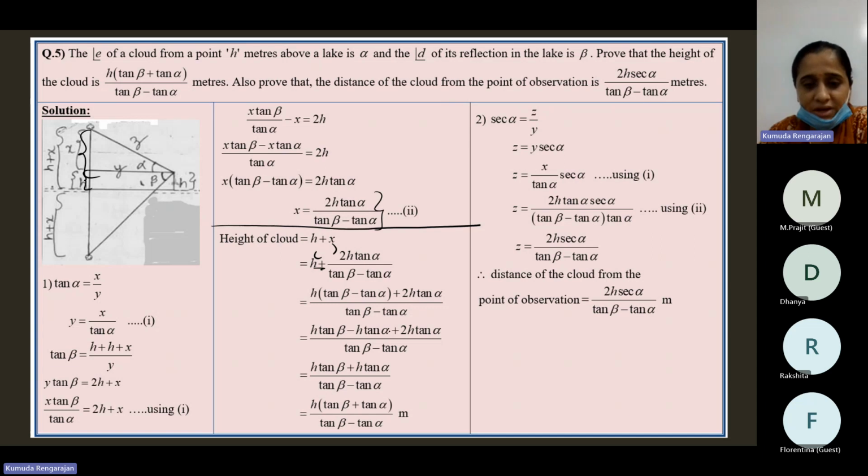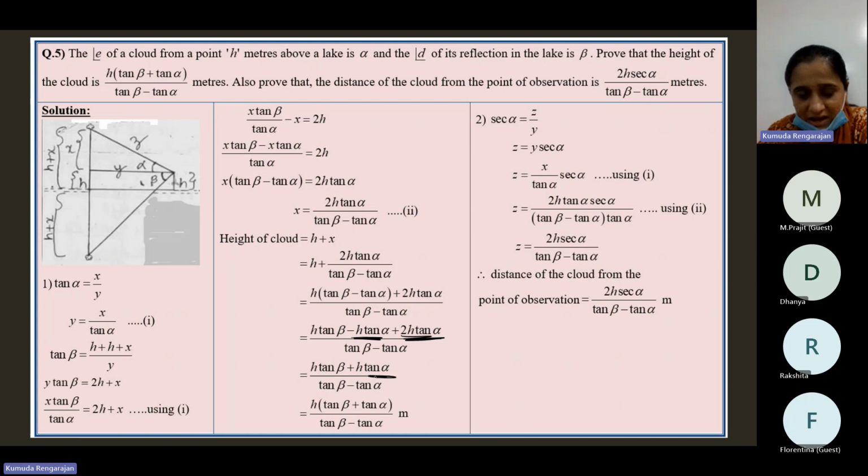Now, these are like terms kind of. See here, tan alpha: 2h tan alpha minus h tan alpha. So the answer will be tan alpha times what is 2h minus h?